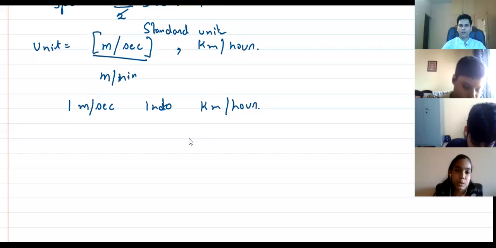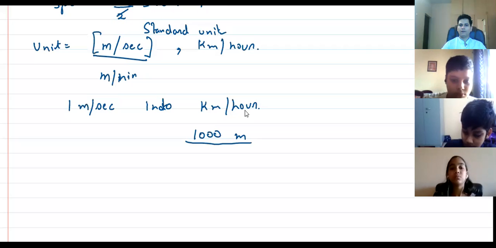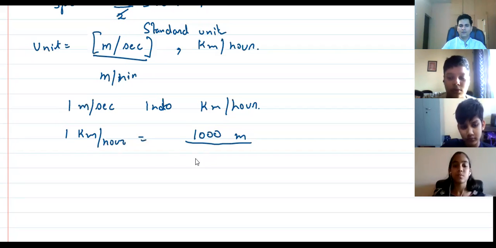Convert kilometer into meter, so it will be 1000 meters, divided by hour. 1 hour is equal to how many seconds? So I'm saying 1 kilometer per hour is equal to 1000 meter by 3600 seconds.